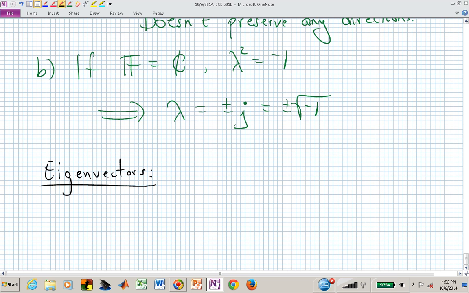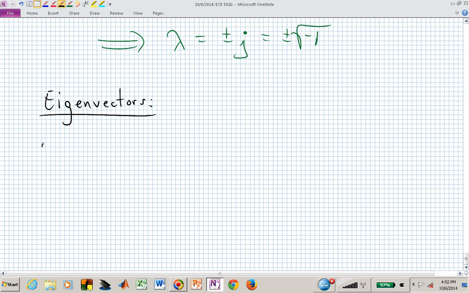For the first one, let's look at lambda equaling j. So now we have minus w sub 2, w1, that's Tw, equaling lambda w, and we said that needs to be j w1, w sub 2.